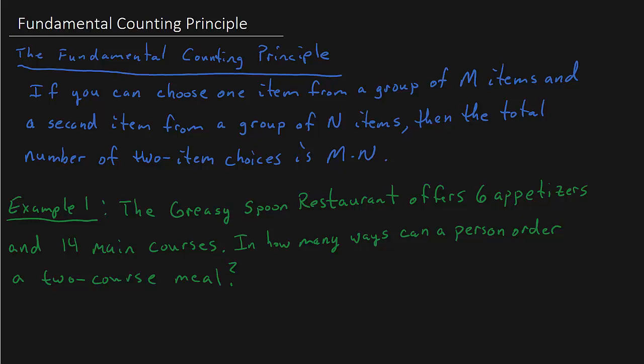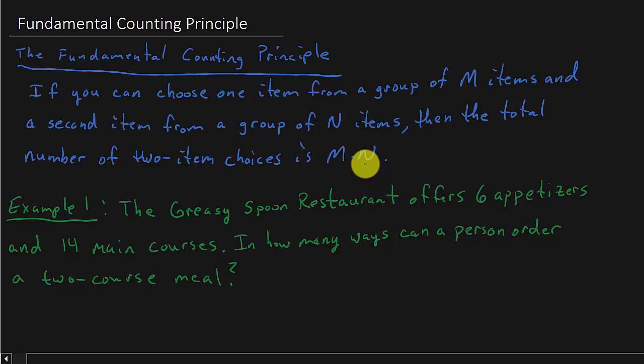All right, in this video we're going to look at the fundamental counting principle. This section really isn't that bad. The fundamental counting principle says: if you can choose one item from a group of m items, and a second item from a group of n items, then the total number of two-item choices is m times n.